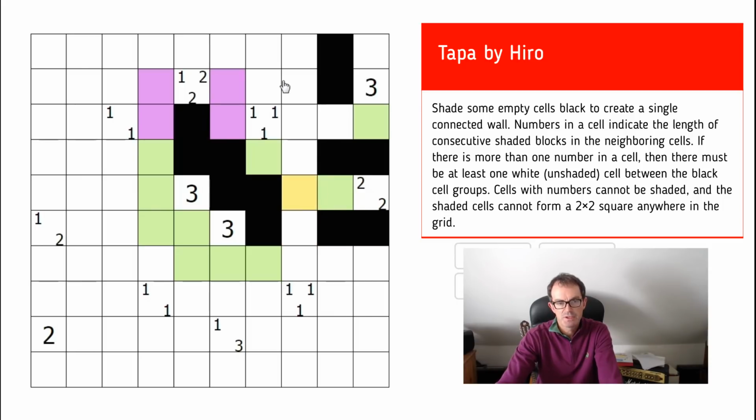And the critical thing to note here is that this area at the top cannot get out this way. It's not possible because it would require 3 here for it to come across the top. So this area has to come out down here somehow. Now how can it do that?